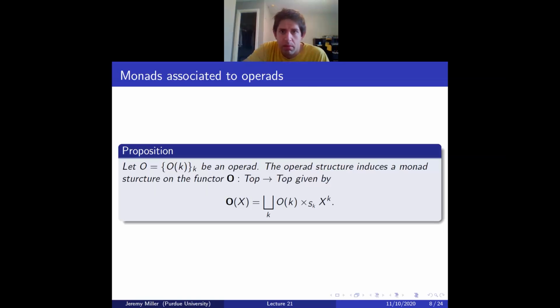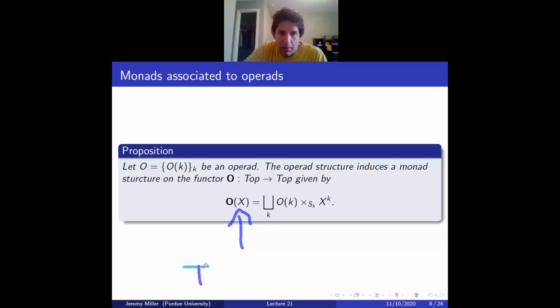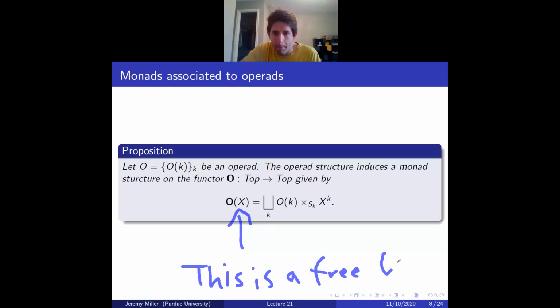And then I guess I should say that last time we said that this is a free O algebra. And what did we mean by it's a free O algebra?